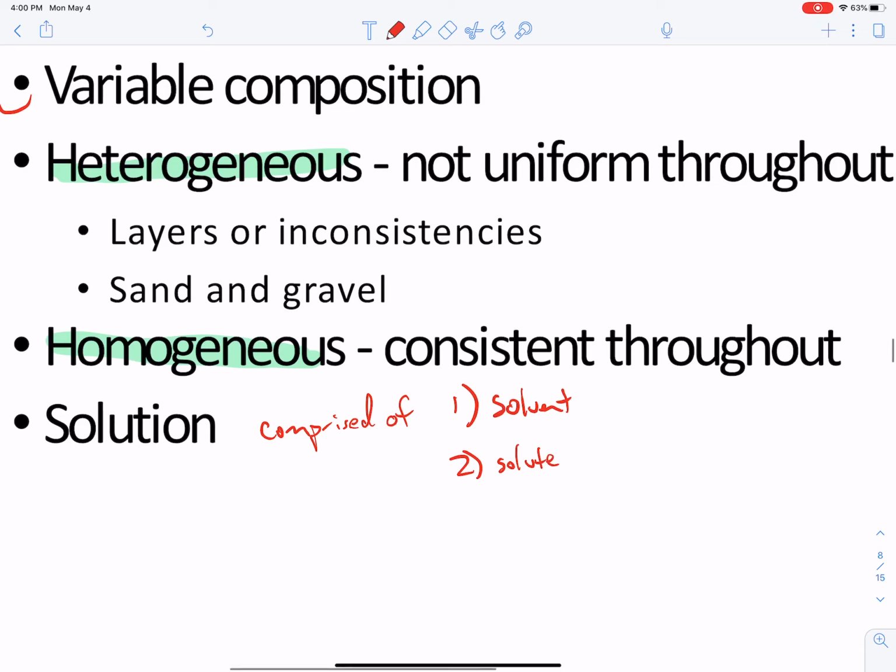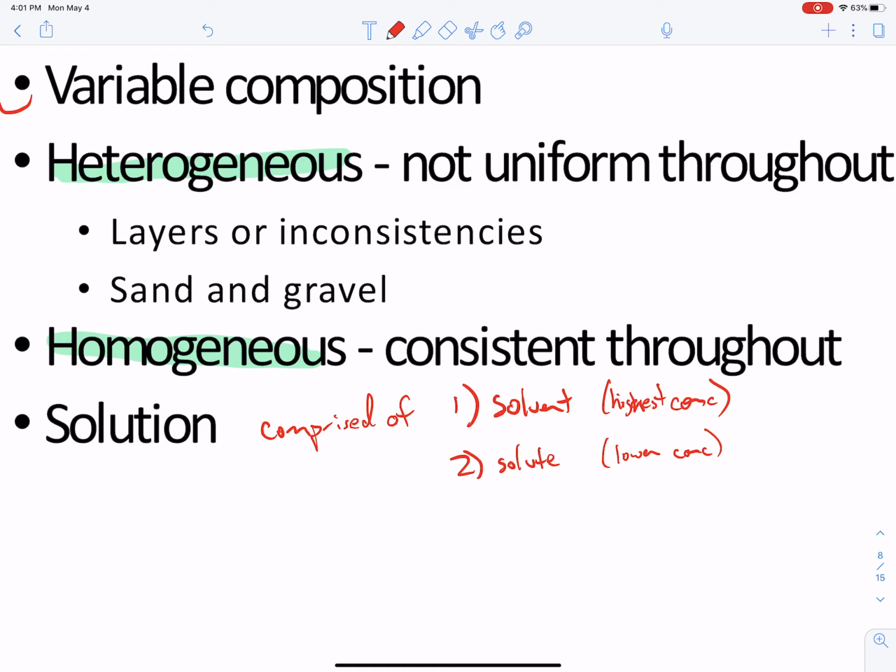A solvent has the highest concentration. There's more solvent than anything else in that solution. So if you have an aqueous solution, there's more water than anything else in that solution. Solutes are in lower concentration, and they can be anything else. You can have lots of solutes in one solution. See ocean water for an example.